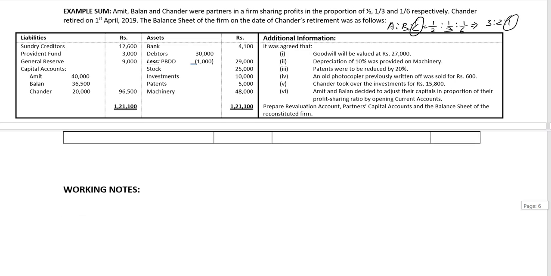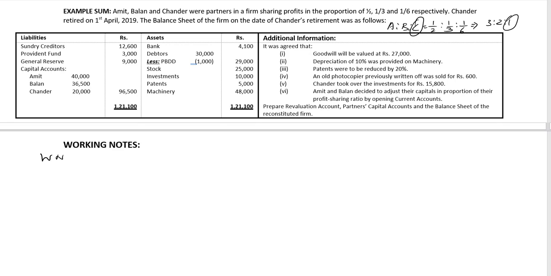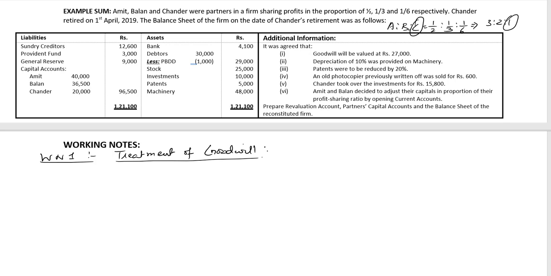We'll do the working notes for this. The first working note, treatment of goodwill. As per the problem, the old profit sharing ratio between Amit, Balan and Chandar is 3:2:1 and Chandar retires.